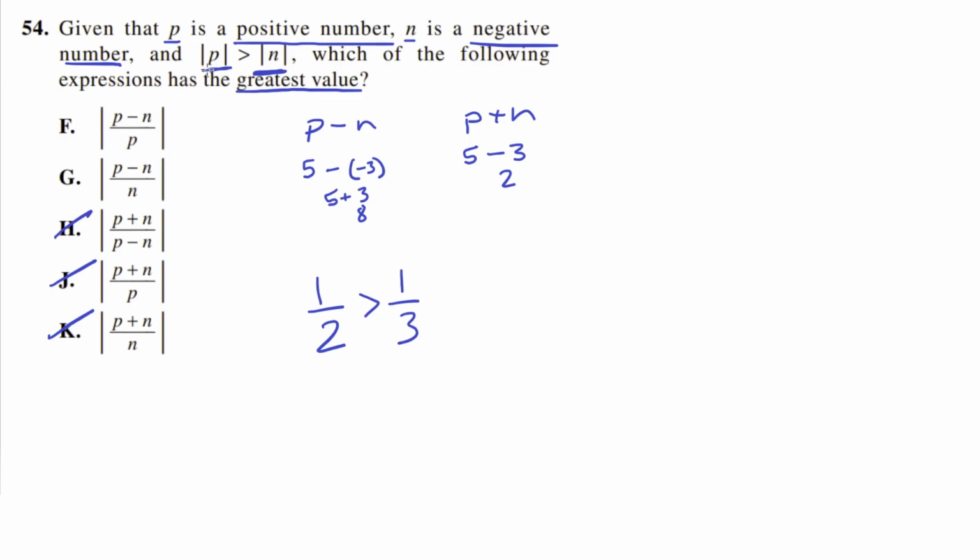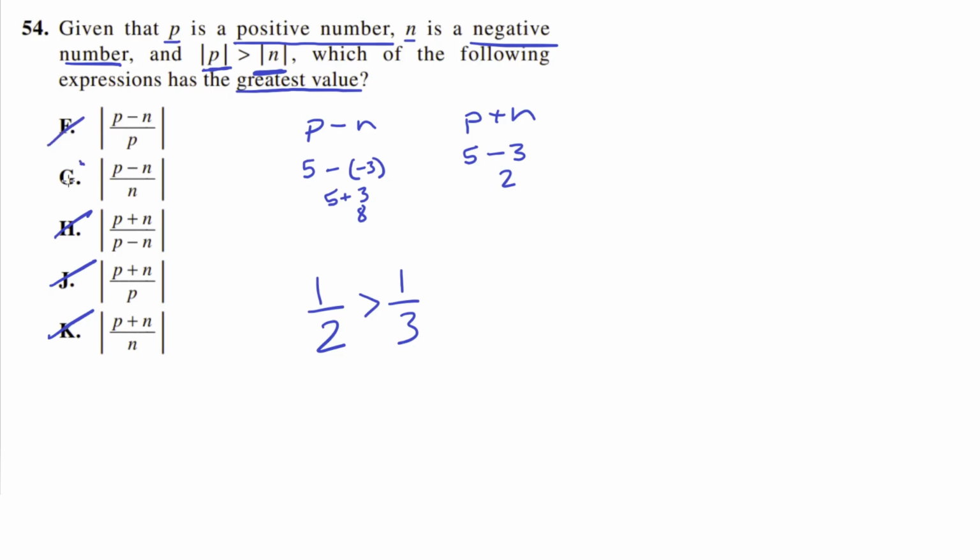So in this case, since the absolute value of p is greater than n, when we take the absolute value of the denominator here, this will be a larger number than the denominator having n. So that means that f is actually smaller than g.